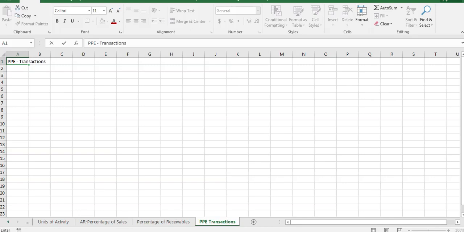Today we are going to be talking about PPE transactions. PPE stands for property, plant, and equipment, or fixed assets.